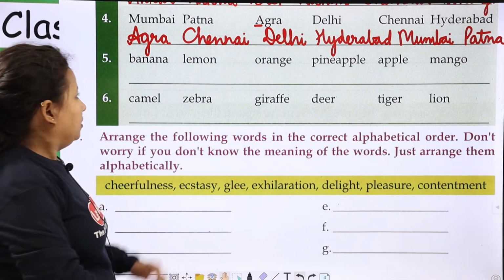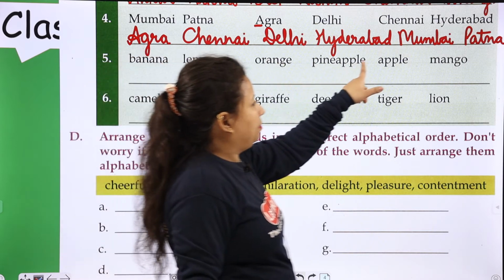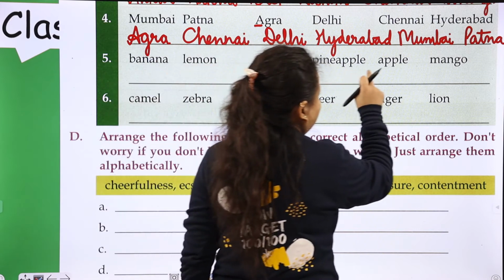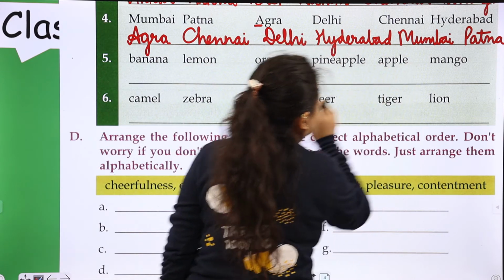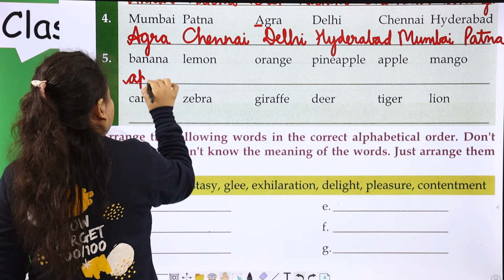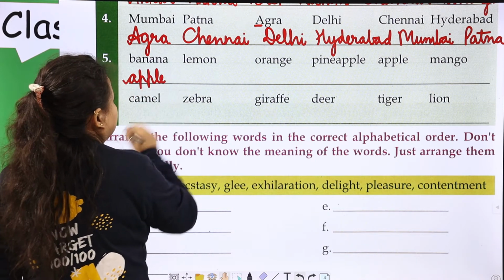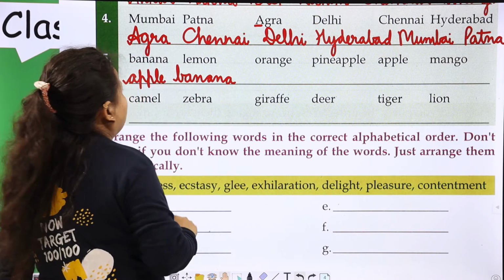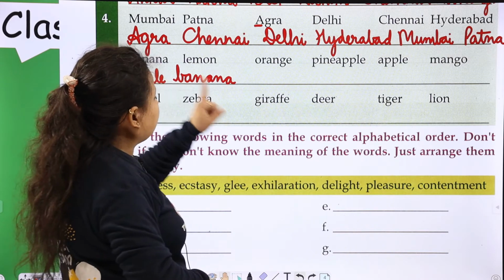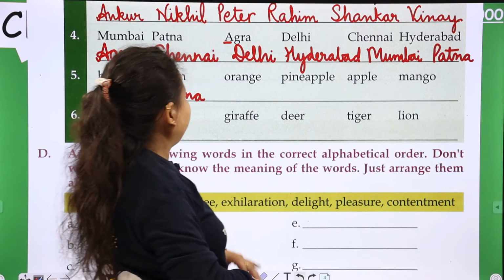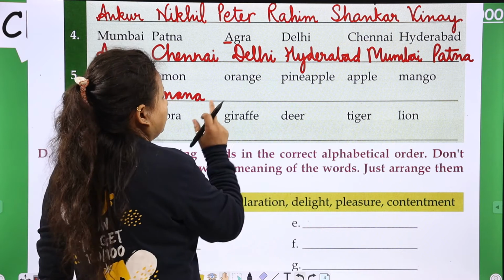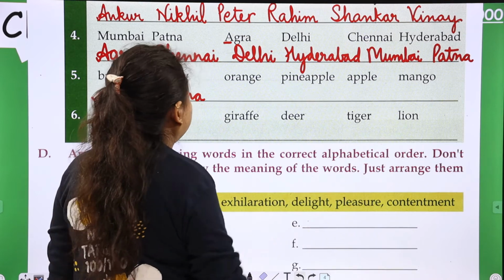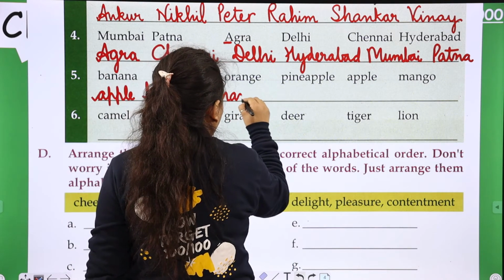Next is banana, lemon, orange, pineapple, apple and mango. So I am going to start with letter A, alphabetical order. So apple. Next is banana. A, B, C, D, E, F, G, H, I, J, K, L, M, mango.